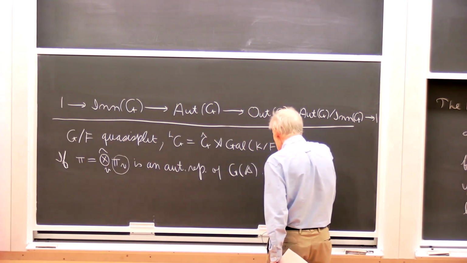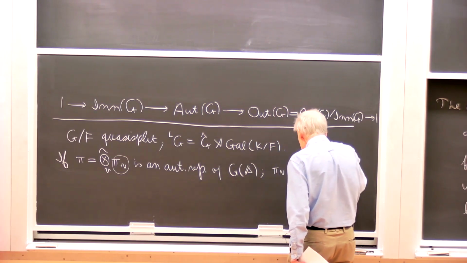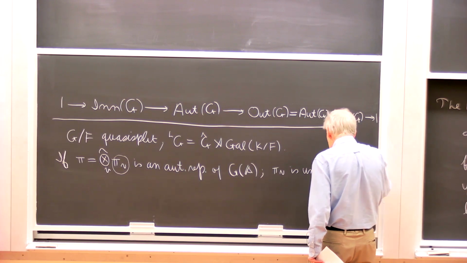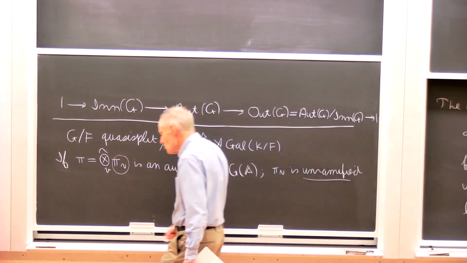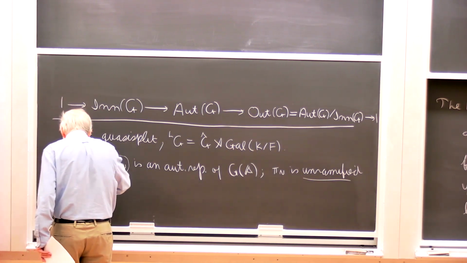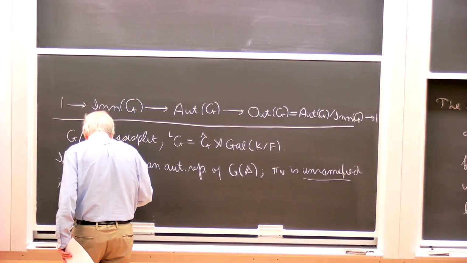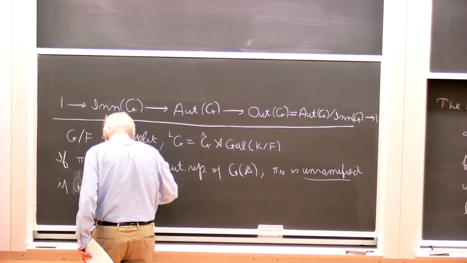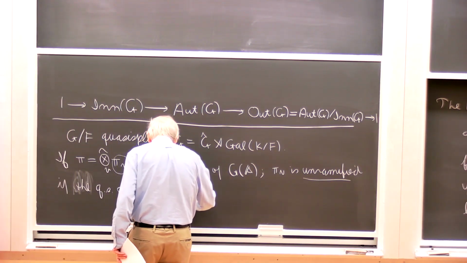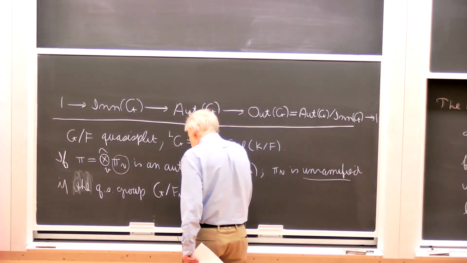So π_v is unramified if the quasi-split group G, now regarded as a group over the completion, the local field, is unramified.